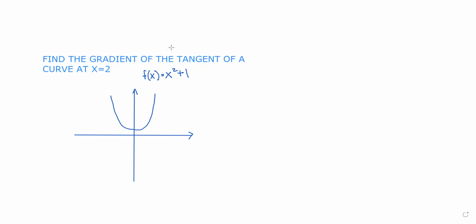So let's say we have 2 here. Okay, we have 2 here. This point is x equals 2. The tangent at this point would look like this.